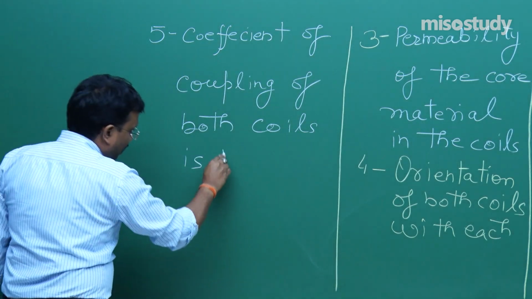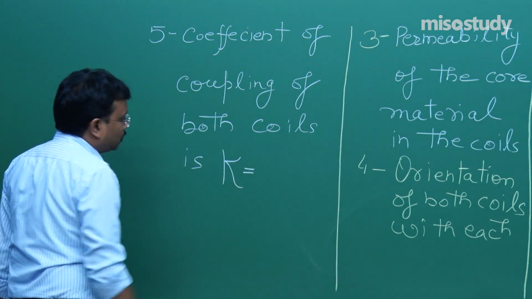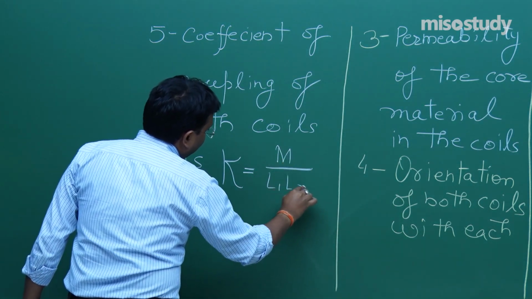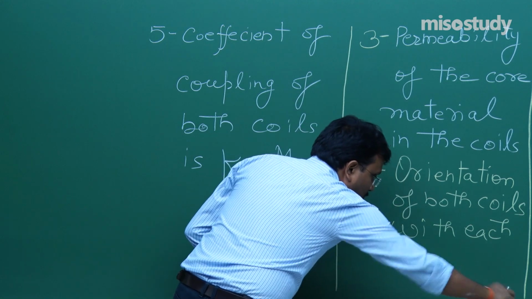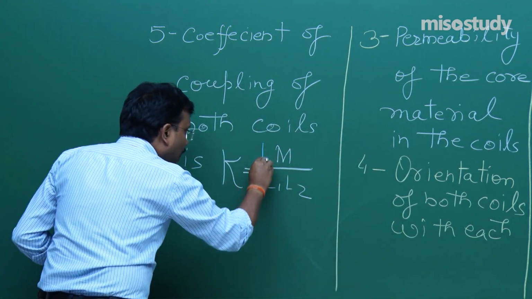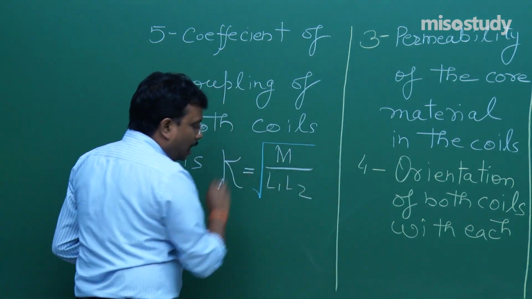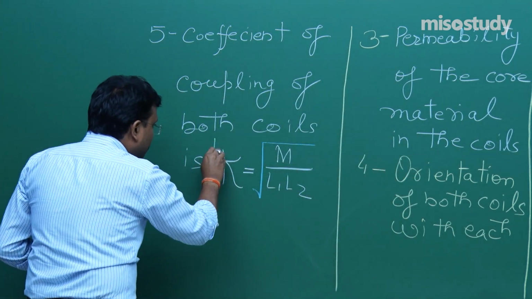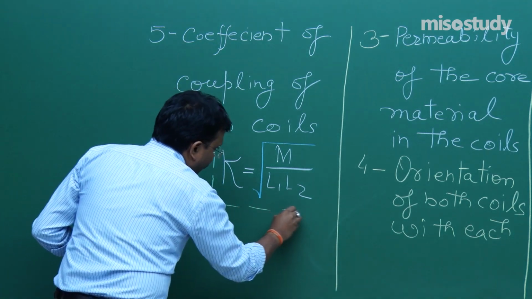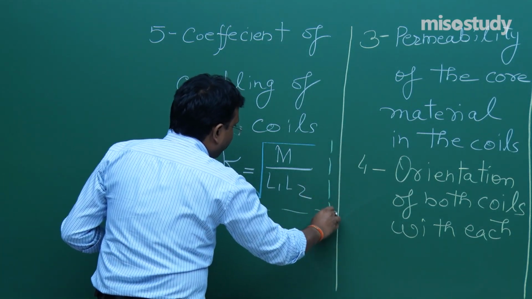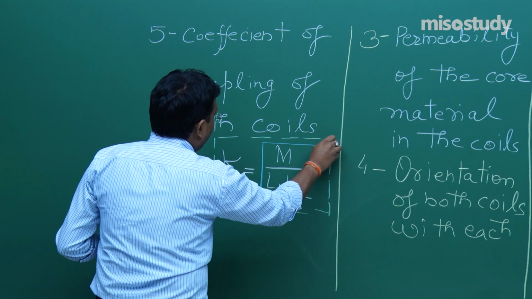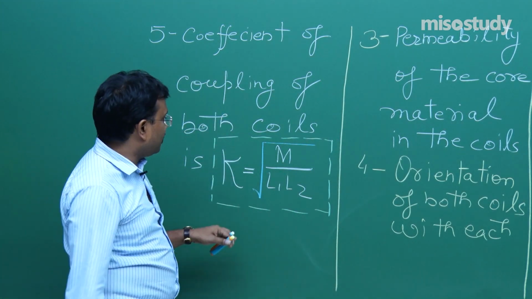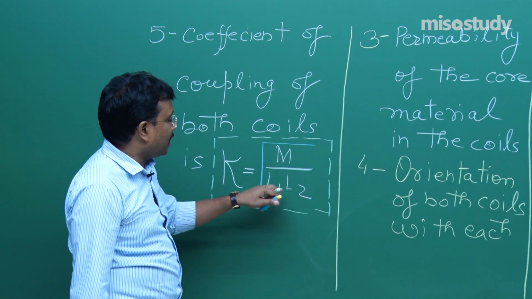K is equal to M upon under root L1 L2, and then put this entire relation under root. K is the coefficient of coupling of these two primary secondary coils, M upon root of L1 L2.